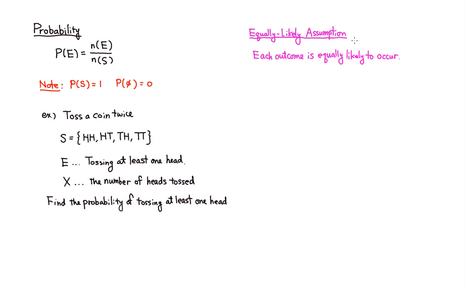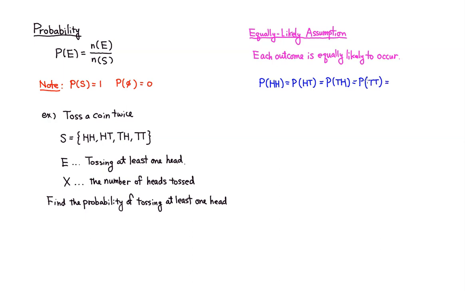For example, let's say we're tossing a coin twice. We have the sample space HH, HT, TH, TT. You can see that the probability of getting head-head is exactly the same as the probability of getting HT, head-tail, and the same as tail-head, and the same as tail-tail.